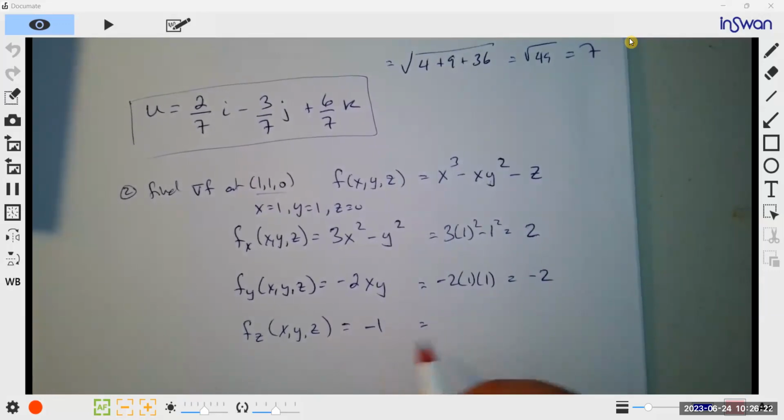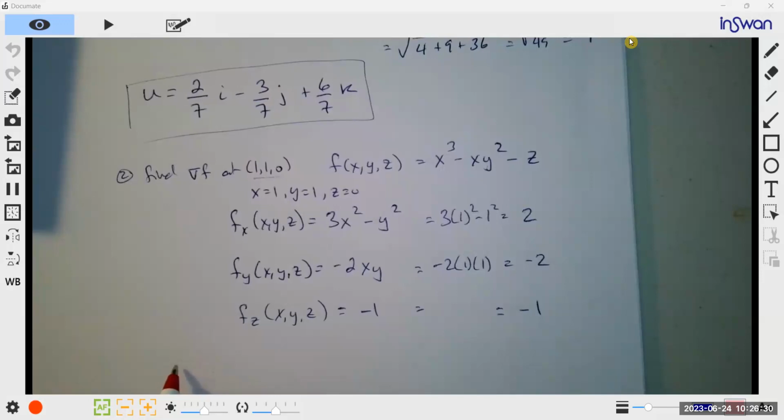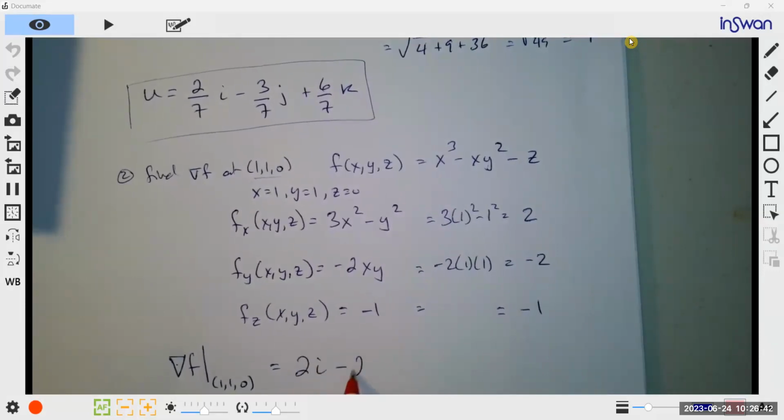And it's -1. So our del f at 1, 1, 0 equals 2i minus 2j minus k.